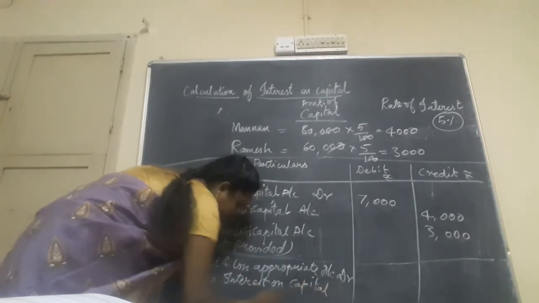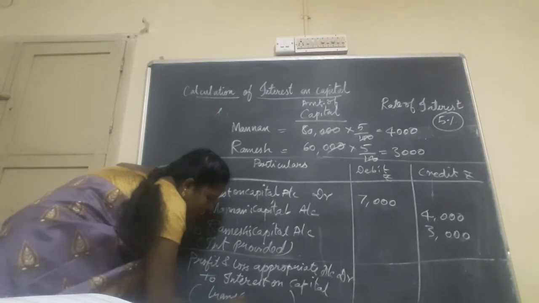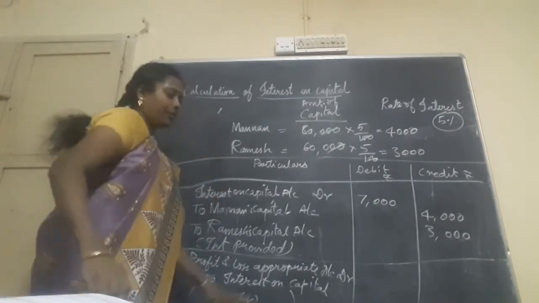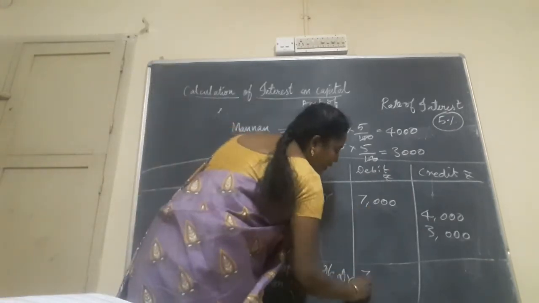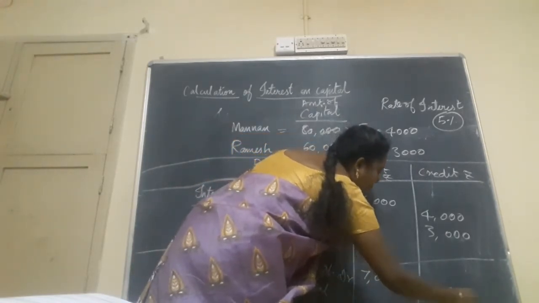Being transferred to profit and loss appropriation account. So we have to put the 7,000 here.